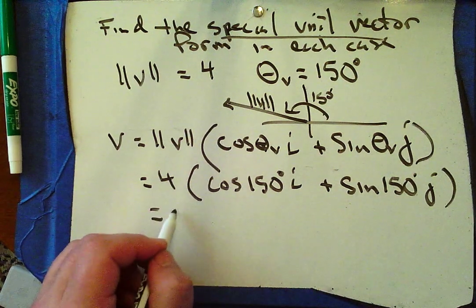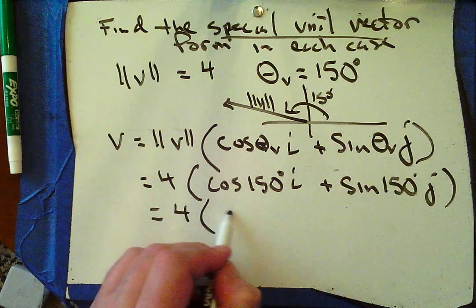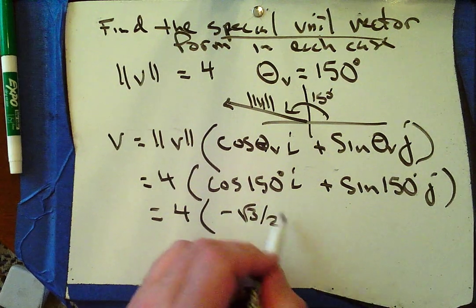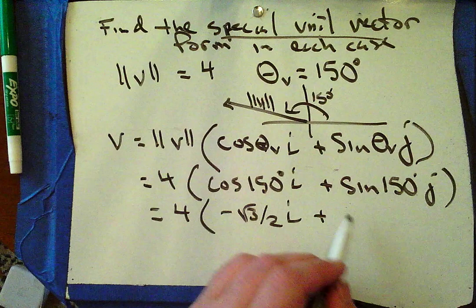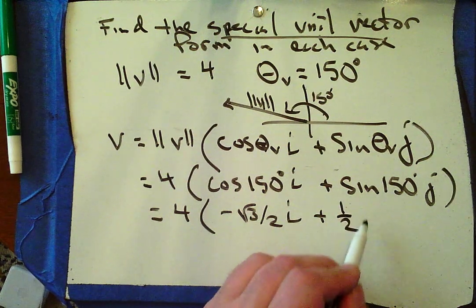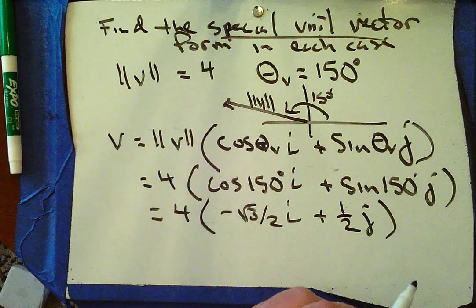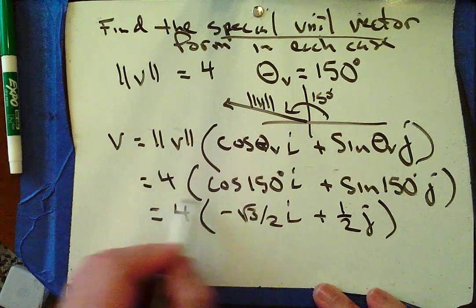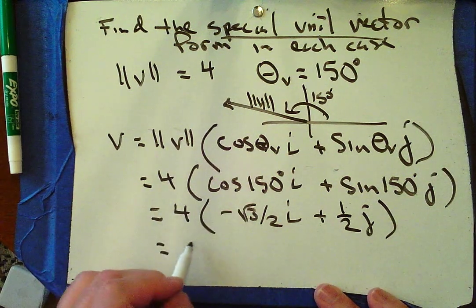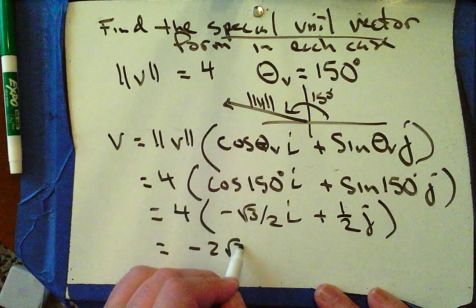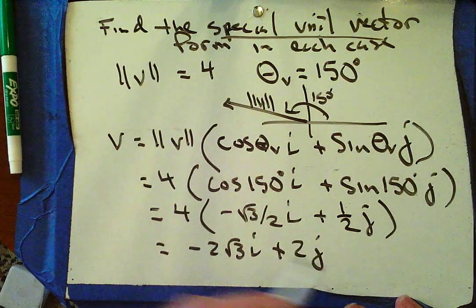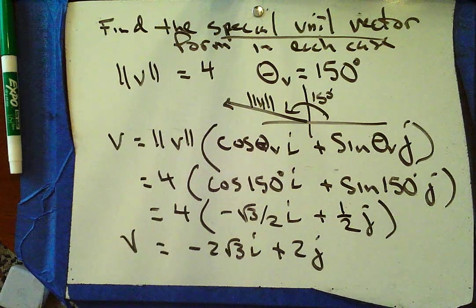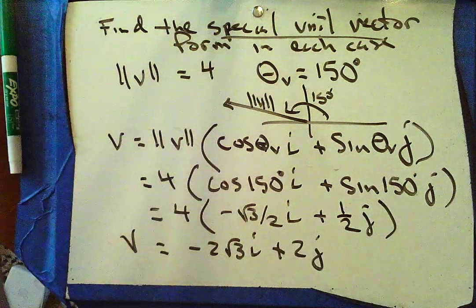Well, we know the cosine of 150 is negative root 3 over 2 i plus the sine of 150 is 1/2 j. And then I want to distribute my magnitude. And so I end up with negative 2 root 3 i plus 2 j. There's our special unit vector form of v.